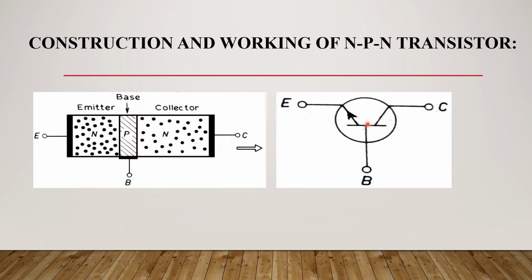Okay, so B, this is base, this is in the center, and the two sides, this is collector and this is emitter. So emitter has an arrow, and in NPN transistor it is towards this circle or towards this E terminal. So let us proceed.